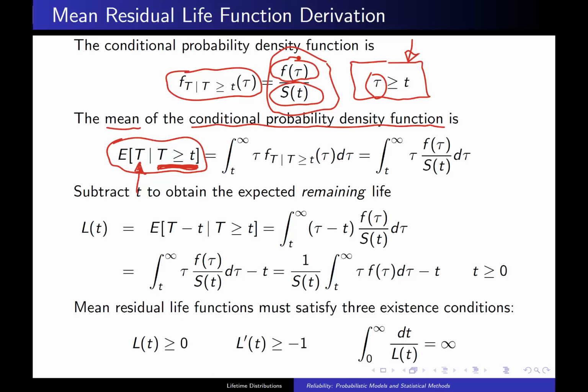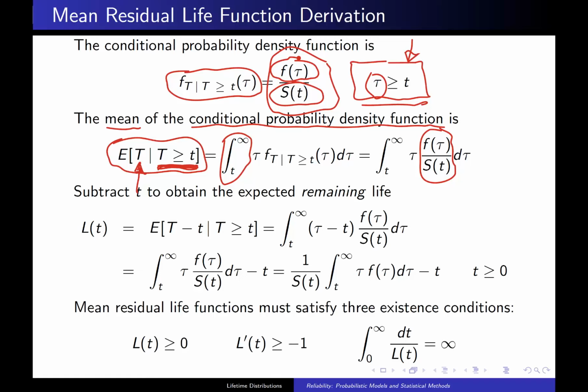That is going to be the integral over the support, from t to infinity, of tau times the conditional probability density function d tau. You know that the conditional probability density function is just this from the line above, so that's the integral from t to infinity of tau times the conditional density d tau.